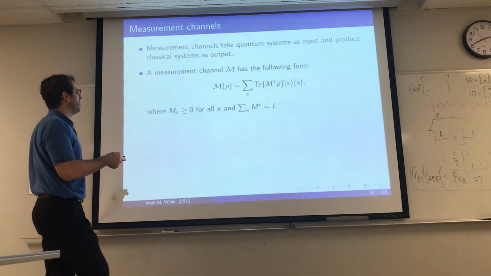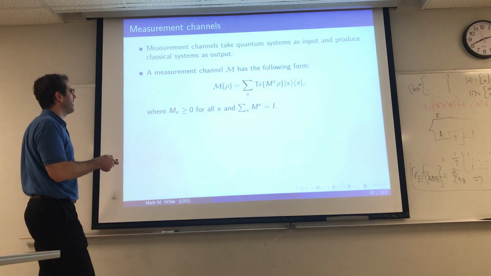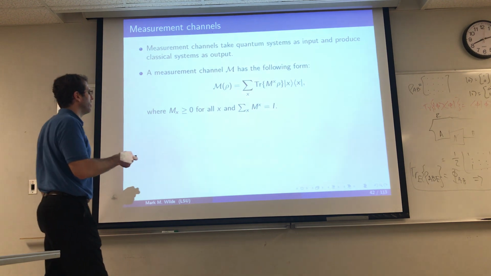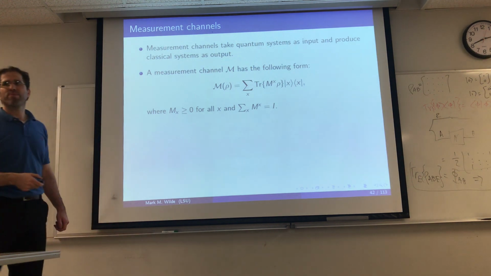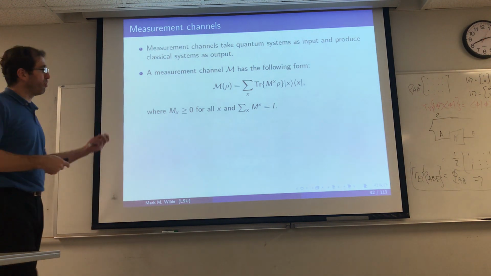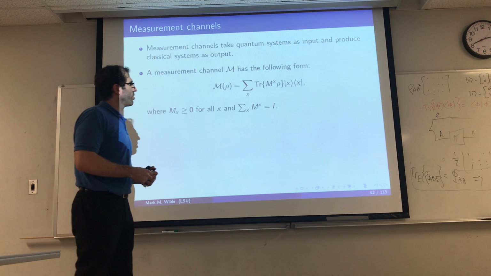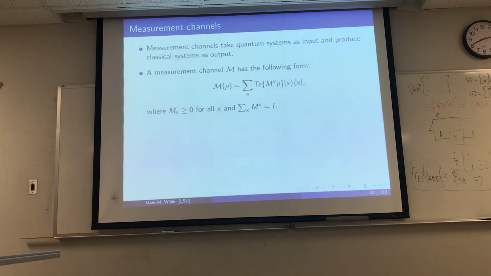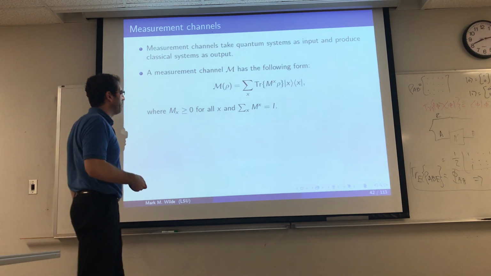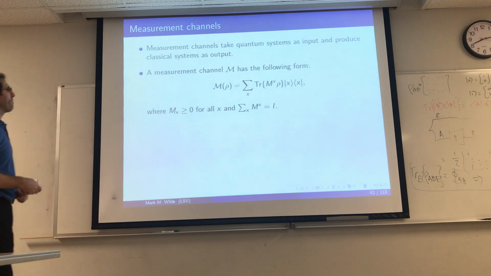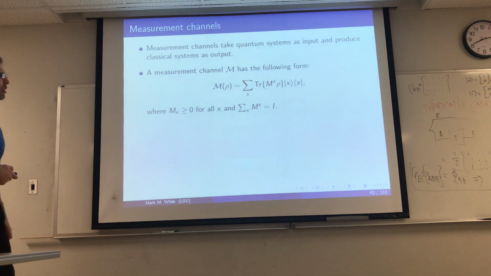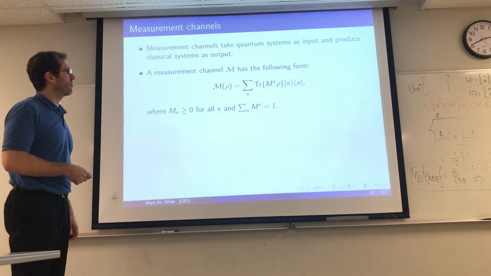And the measurement operators are constrained to satisfy this completeness relation, because they sum to the identity. That's so that the sum of the probabilities that you observe should be 1, because that's the full sample space of possibilities. So those are the constraints, and that's how you write any measurement as a measurement channel.